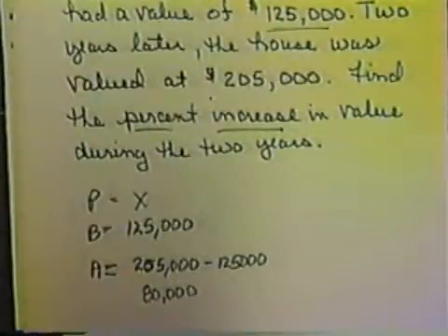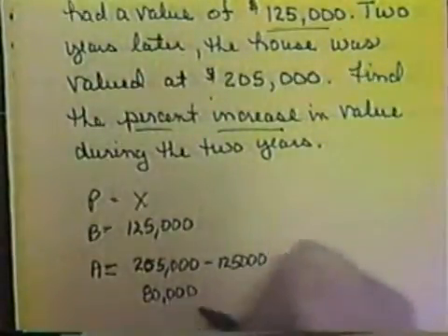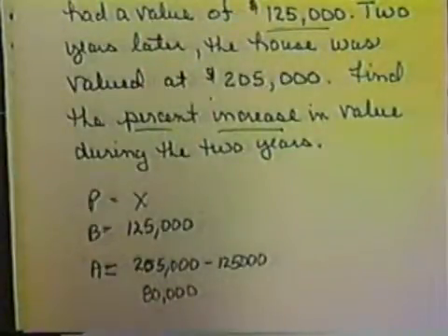Okay, the percent was our unknown. The base was the original amount of the house, $125,000. The amount is the increase because we're looking for the percent increase. And the house went up in value $80,000, so that's our amount.